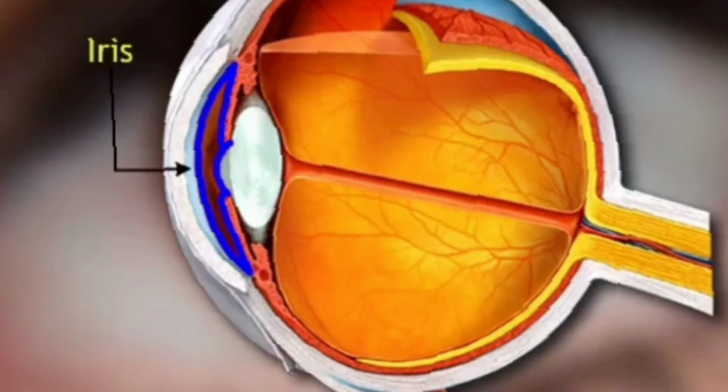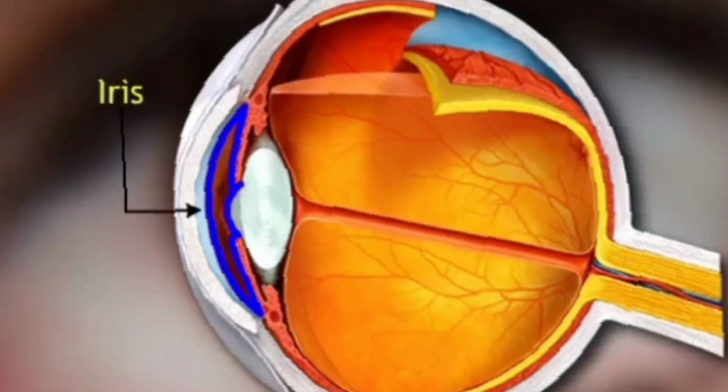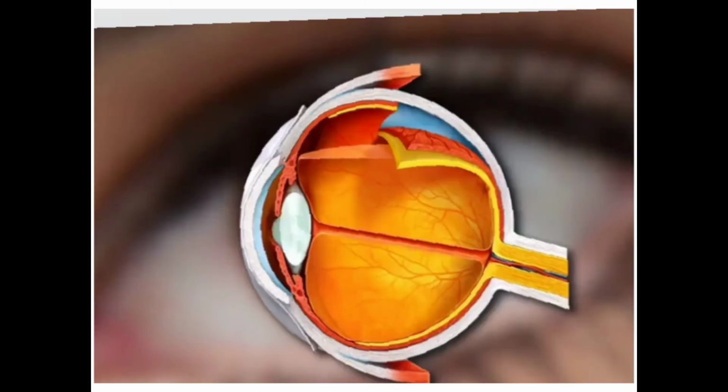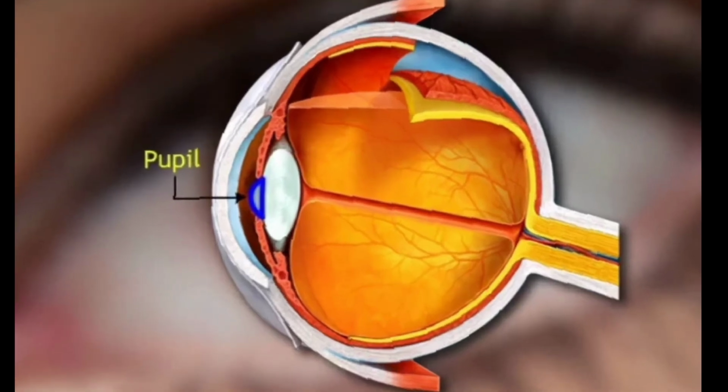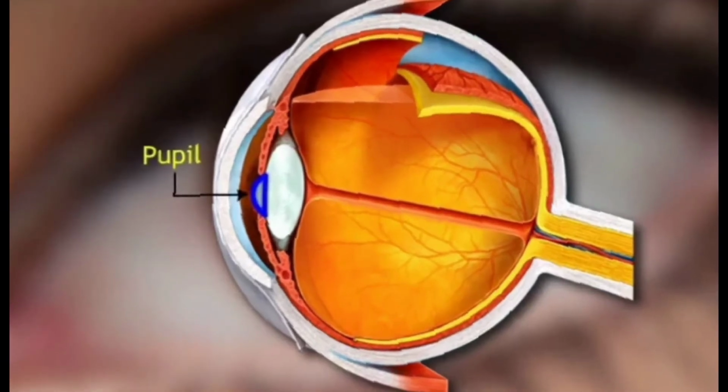Now the next part which we are going to see is a small hole at the center of the iris. Can you see this small hole at the center of the iris? Yes. So this part is nothing but the pupil.